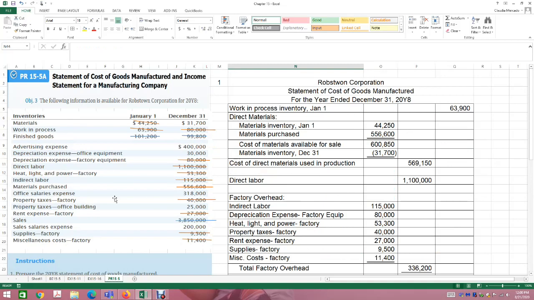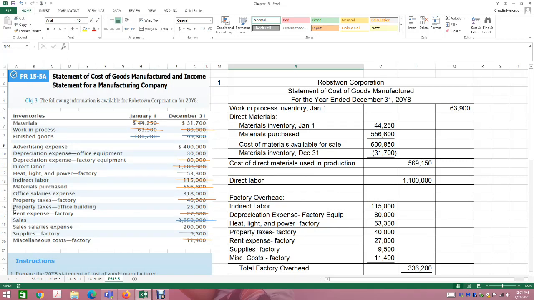Here we have office salaries expense. Office salaries, that's an administrative expense. Those are the people in the office, working on either selling the product, collecting the product, anything of that nature.